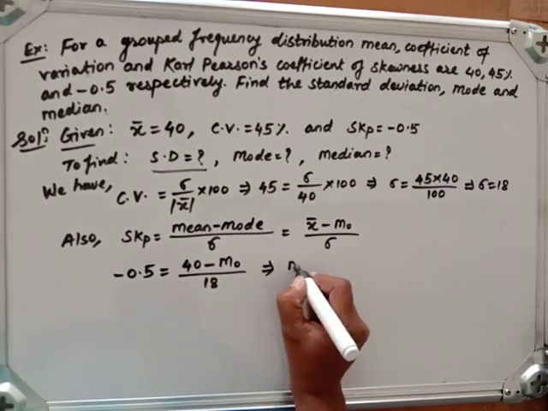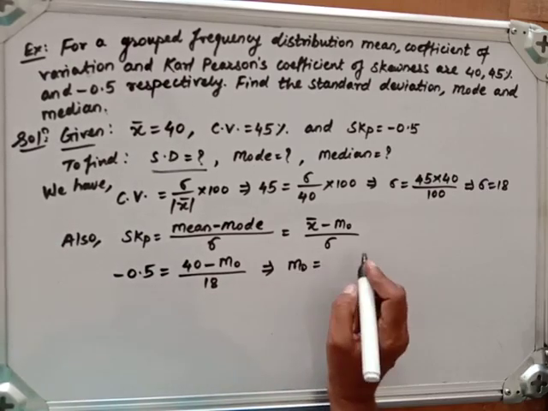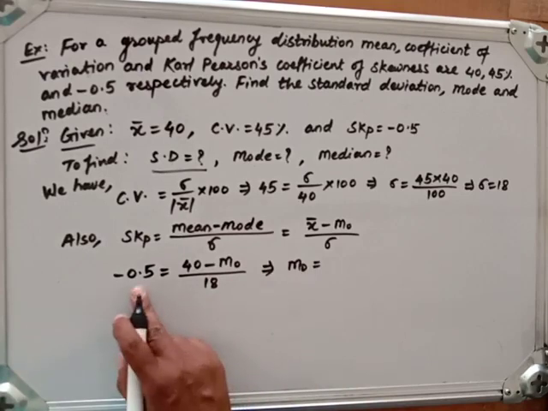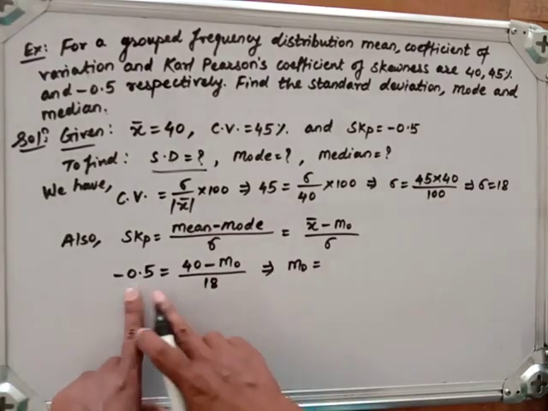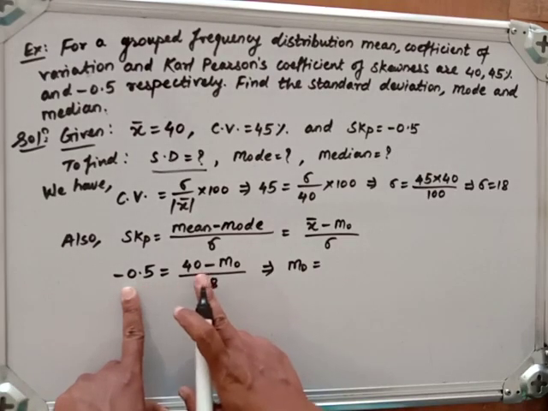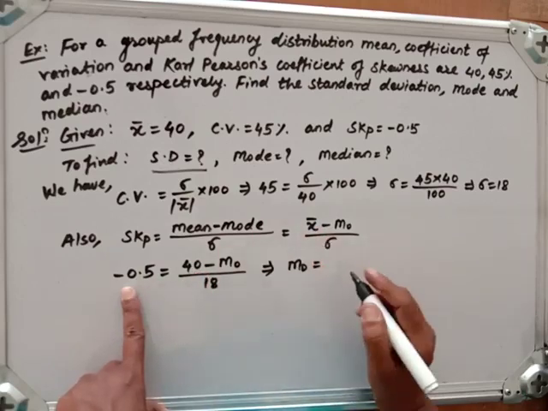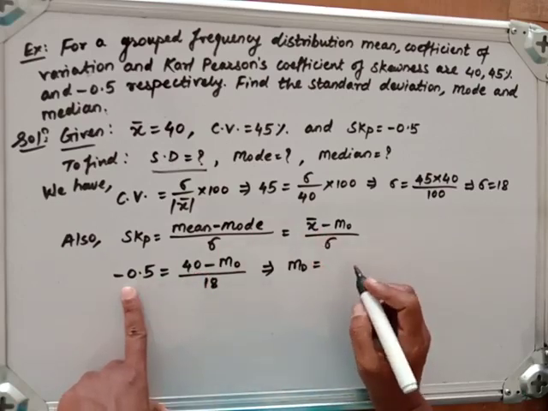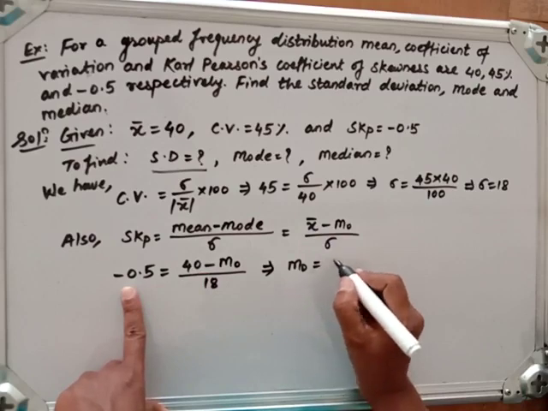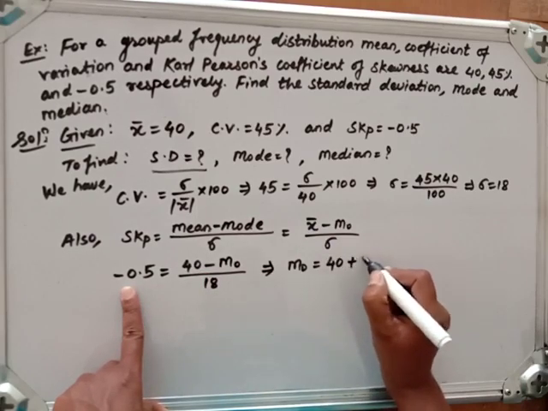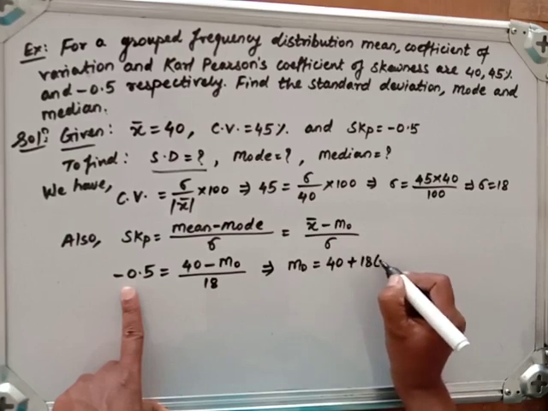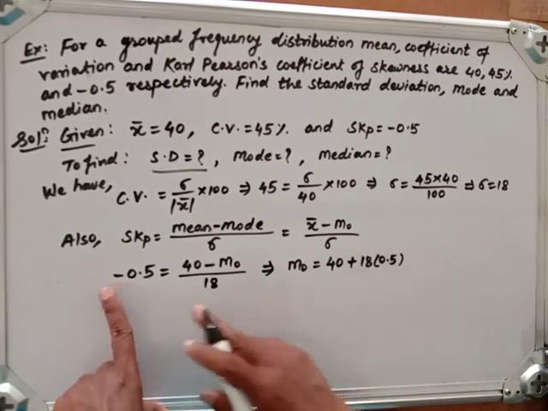So this gives mode is equal to 40 plus 18 into 0.5.